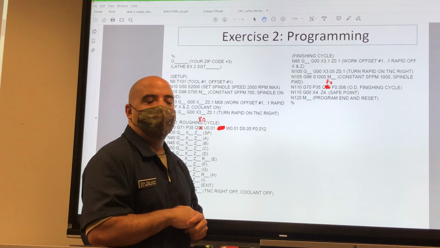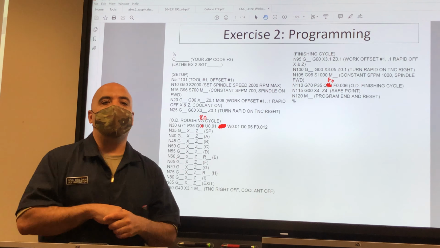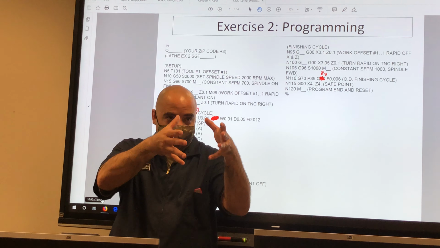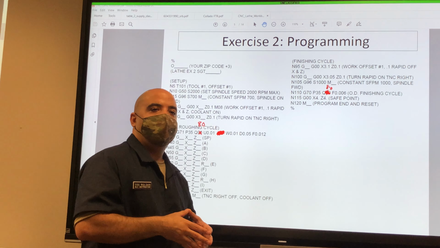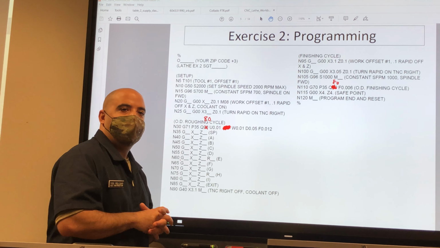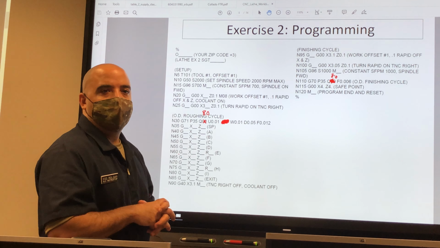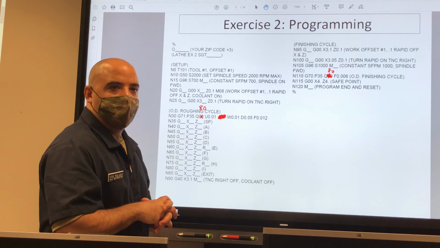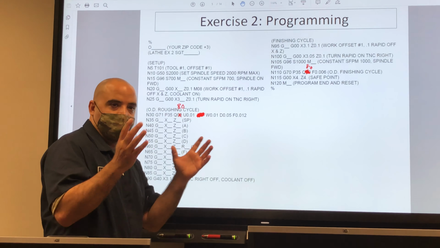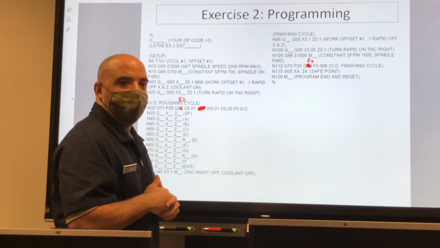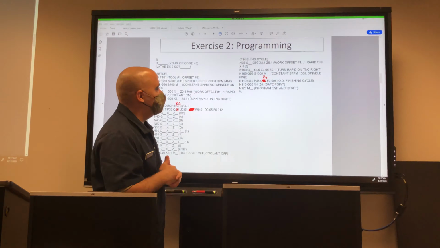And what's a rapid movement? In your words, what is G00? It takes your cutter and it moves it very quickly to whatever coordinates you put in so that it's not going slow. So it's a rapid movement from point A to point B. Correct, whatever point you're at to whatever point you're sending it to, it'll rapid move.